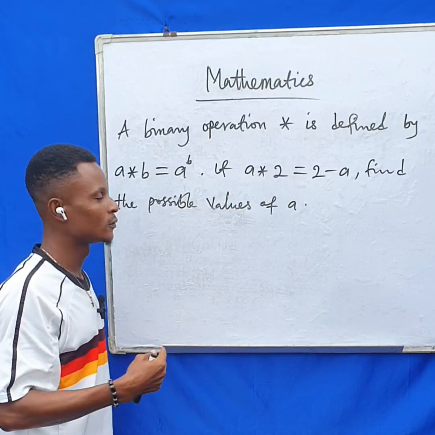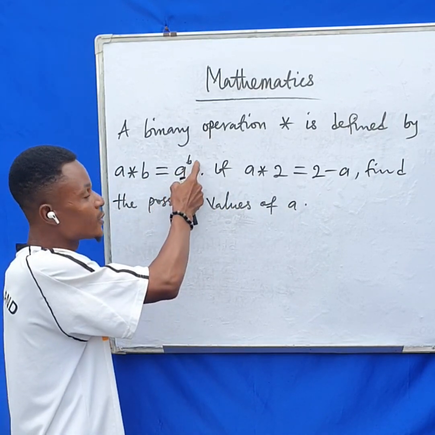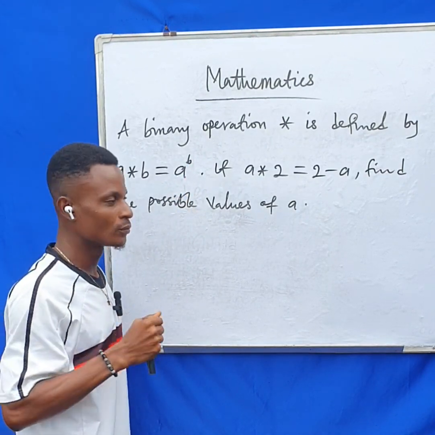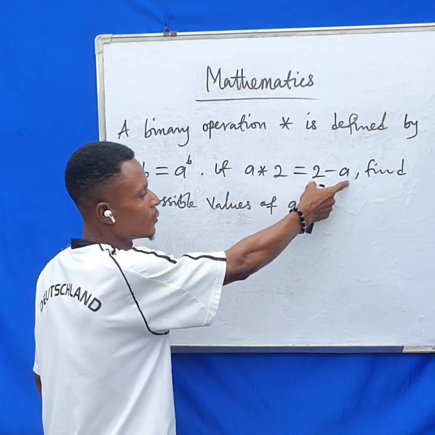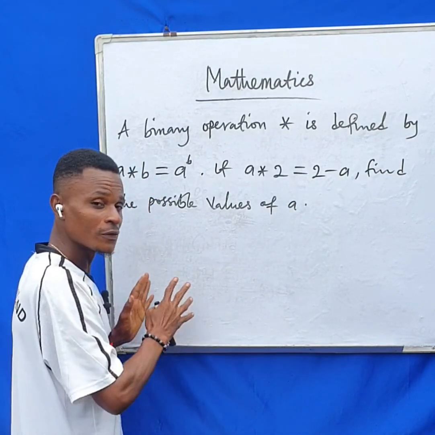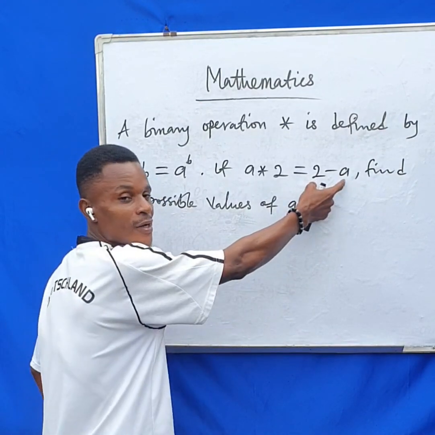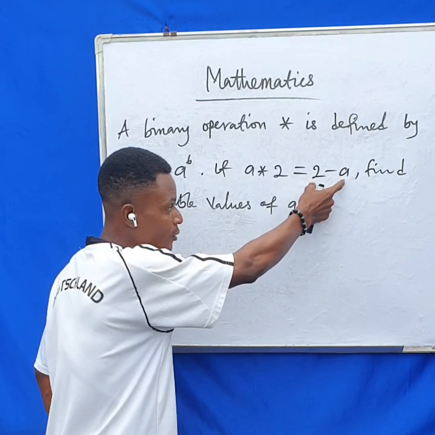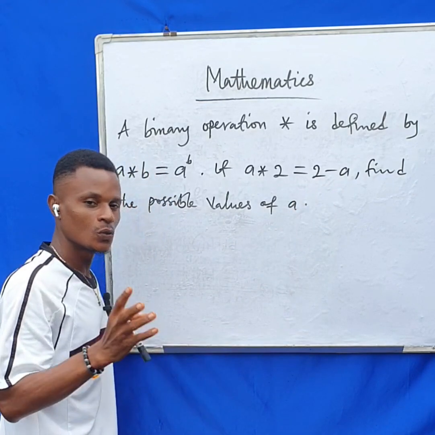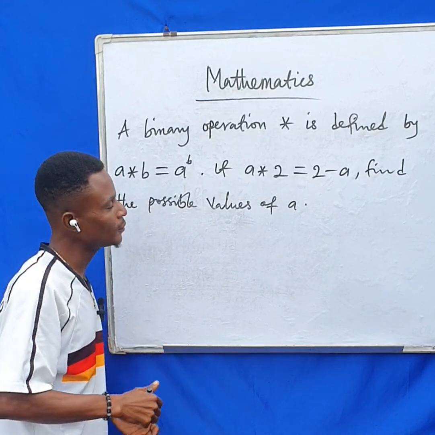You have to compare. While the right-hand side of the first part is to guide you, for the right-hand side of this second part, everything you have solved, you equate it to this right-hand side of the second part of the statement.